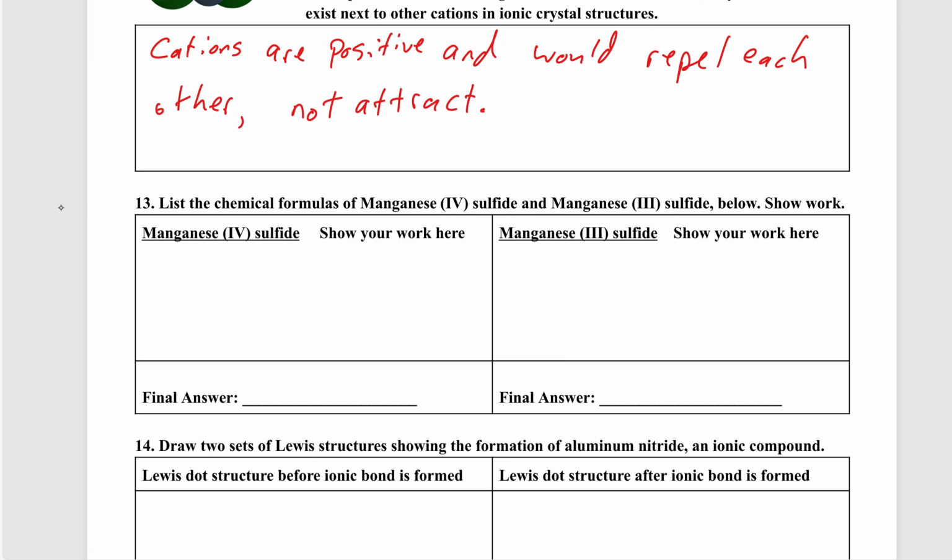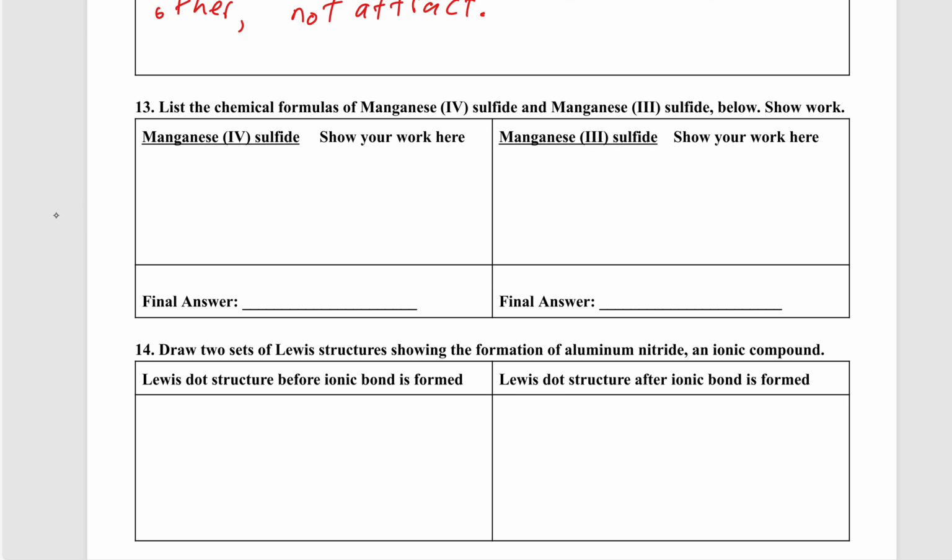They don't like that. All right, list the chemical formulas of manganese 4 sulfide and manganese 3 sulfide below. Show work. So showing your work, I just mean do the drop and swap. So manganese is Mn. Remember our Roman numerals. IV is 4. So plus 4. Sulfur is a -2. Because remember, when you look at the periodic table, it needs to go 2 steps forward to get to group 18.